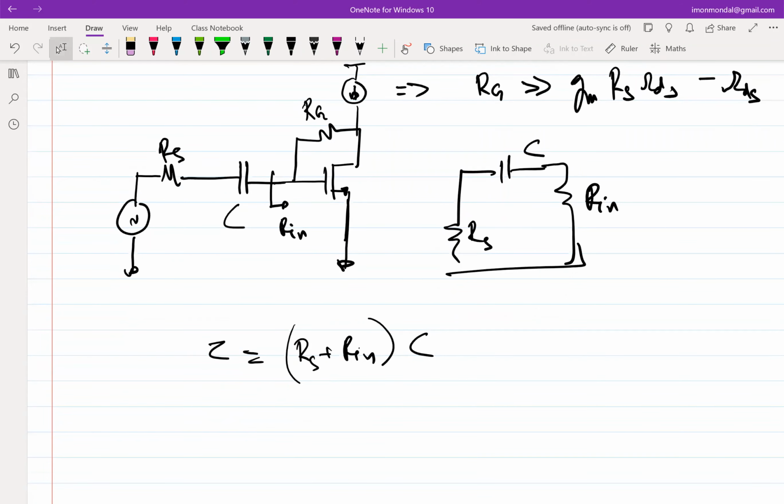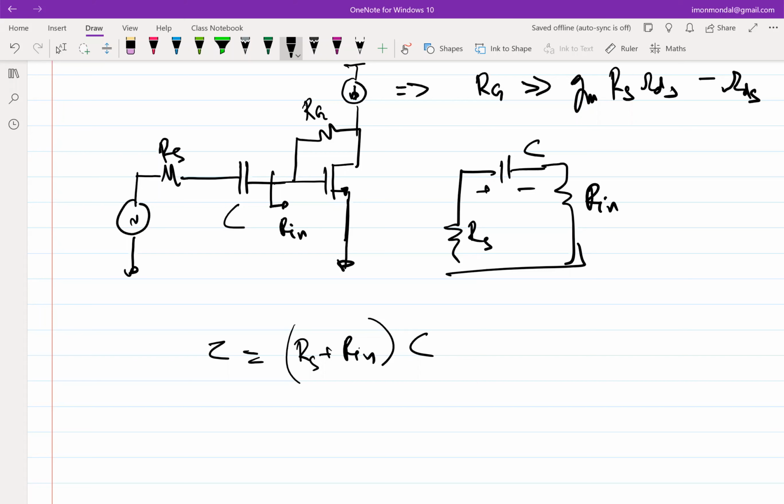How does this tally with the frequency of the input? The other way of looking at it is that the impedance given by C has to be smaller than the impedance offered by all the other resistances put together.